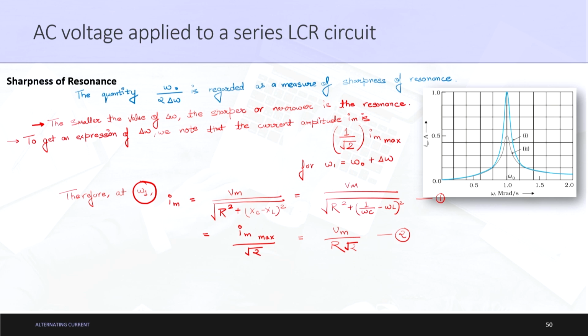Please do not get confused here. I will try to make you understand again. At the value of omega 1, we are trying to calculate the value of I m. The simple equation states that I m is equal to Vm by capital Z. Vm by capital Z can also be written as Vm upon under root of R square plus Xc minus XL whole square, correct.